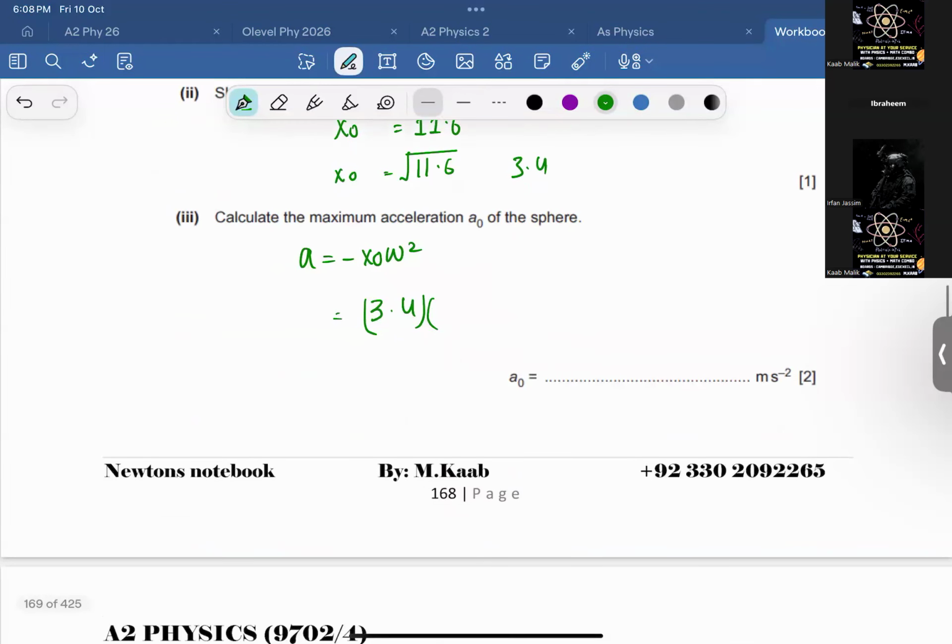So you can square it and you'll find the acceleration. How much? 319.9, so about 320.